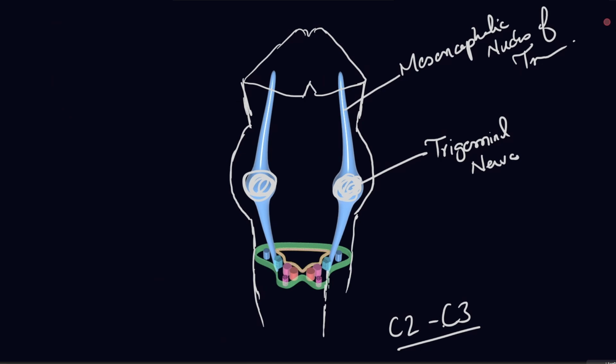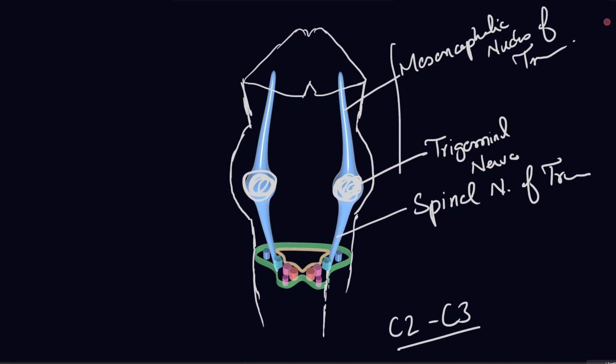So it is also part of medulla oblongata. You see it in the sections of medulla oblongata, but its destination is C2 to C3 cervical sections of the spinal cord. So it is the spinal nucleus of trigeminal nerve.